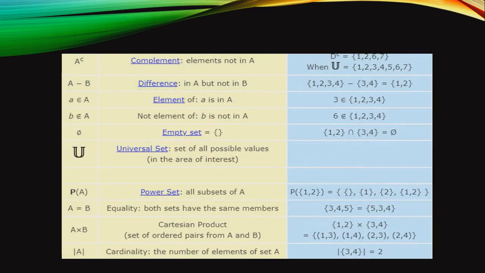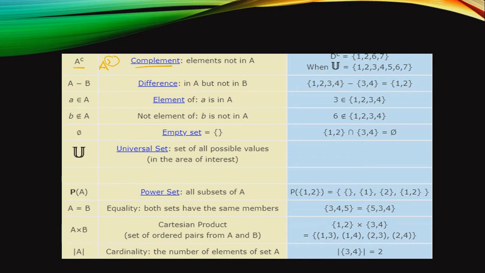To continue, we have here complement. So complement is A to the power of C. But in our class, we will write complement as A prime, or with an apostrophe on top. So we will use this as the symbol for complement.